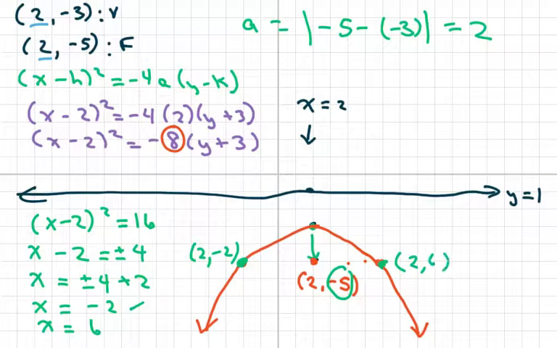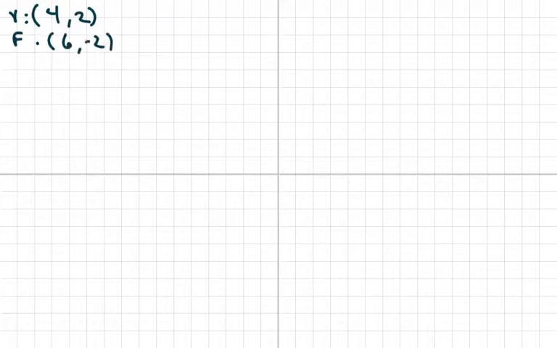and this one right here is 6. The next one we have is the vertex at 4, 2, and the focus at 6, negative 2. So let's plot that. We have 4, 2, and the focus is at 6.